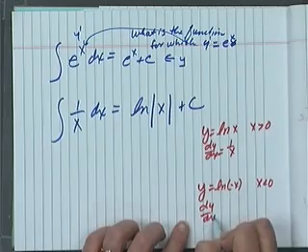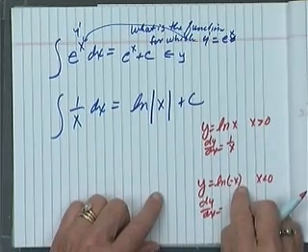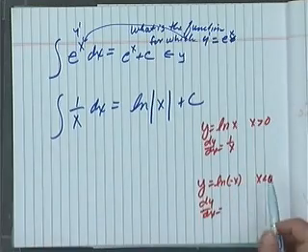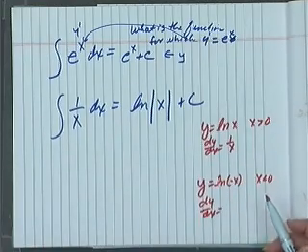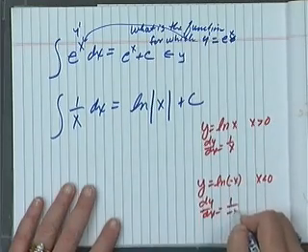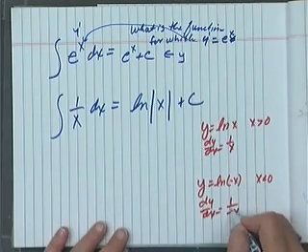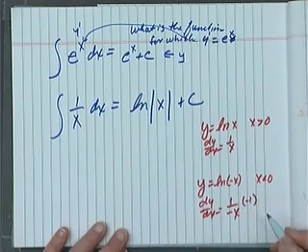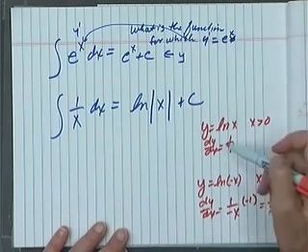So if I take the derivative of natural log x, it's 1 over x. If I take the derivative of natural log minus x, that's the derivative of log u. What's that derivative? Log u. 1 over the u times the derivative of the u part, which is negative 1, which comes out to be 1 over x.